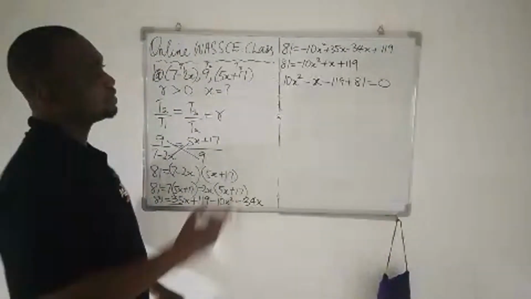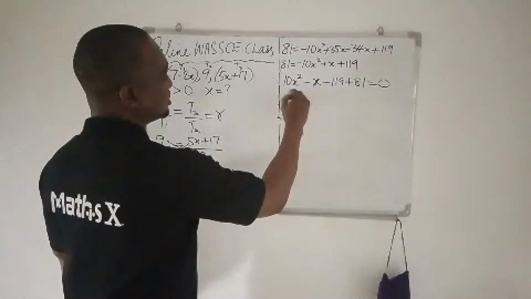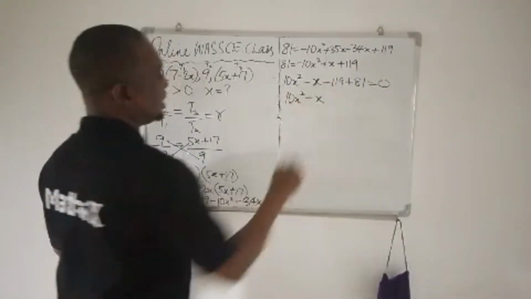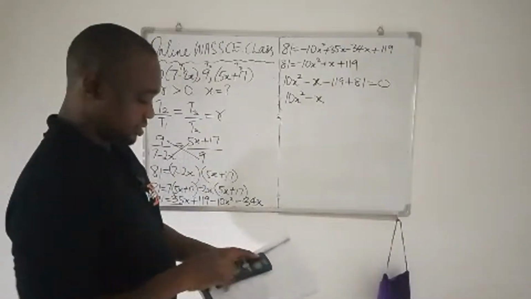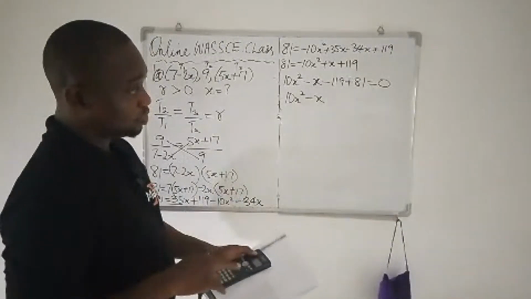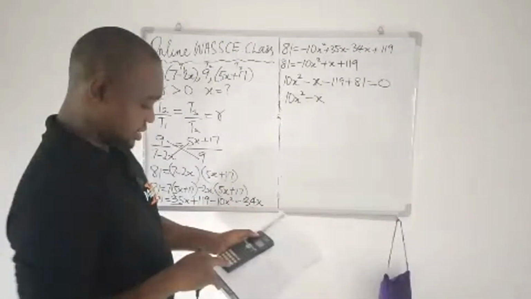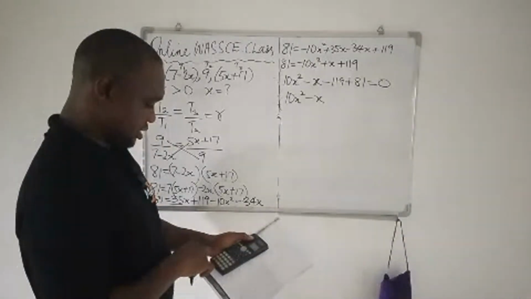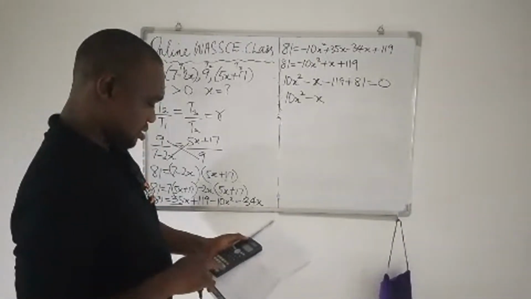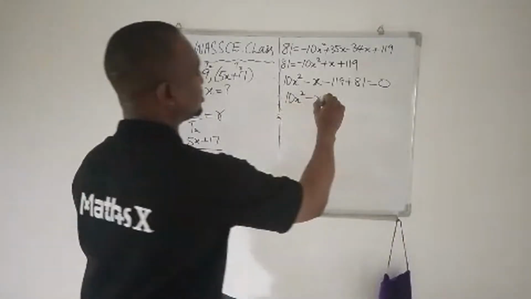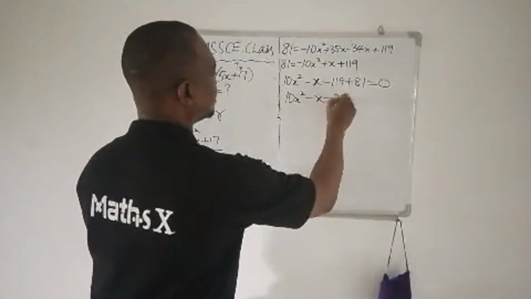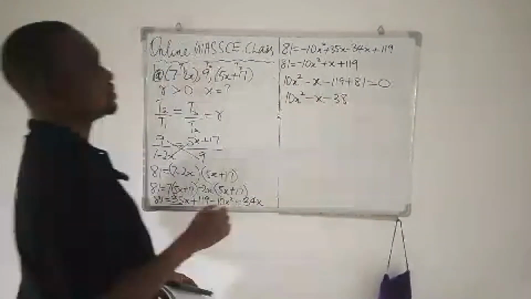Looking at that expression clearly, we have a quadratic equation. So having this, we have 10x squared minus x, minus 119 minus 81, that is 38. So we have a minus 38.